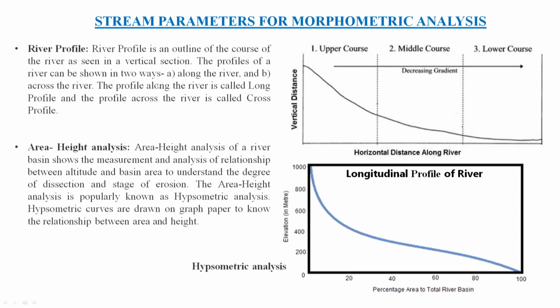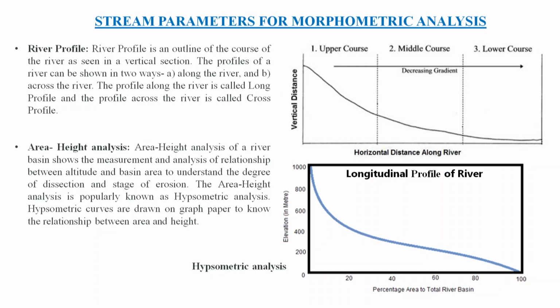Then you can also make analysis like hypsometric analysis, and you will get the hypsometric integral, where the area-height analysis of a river basin shows the measurement and analysis of the relationship between altitude and basin area to understand the degree of dissection and stage of erosion. So this is also very important when we are talking about the maturity of a river.